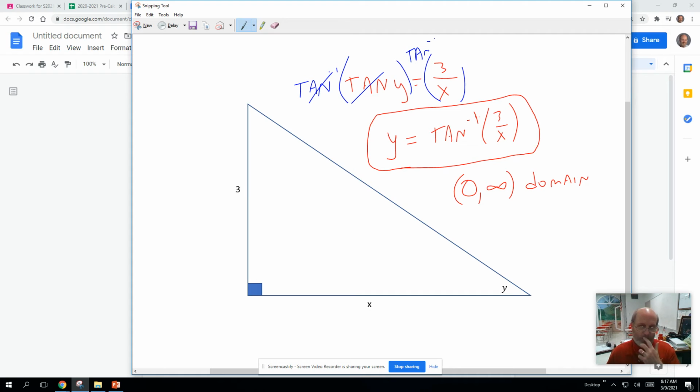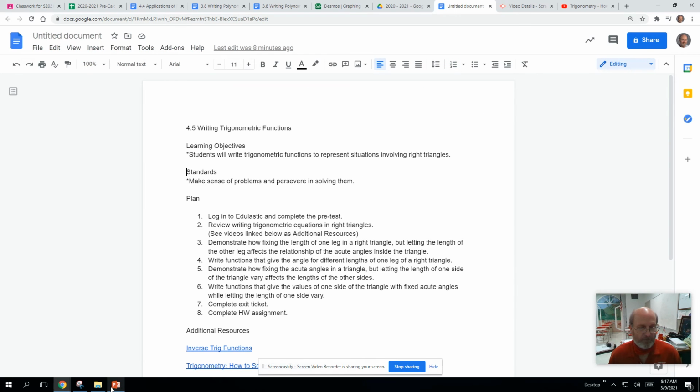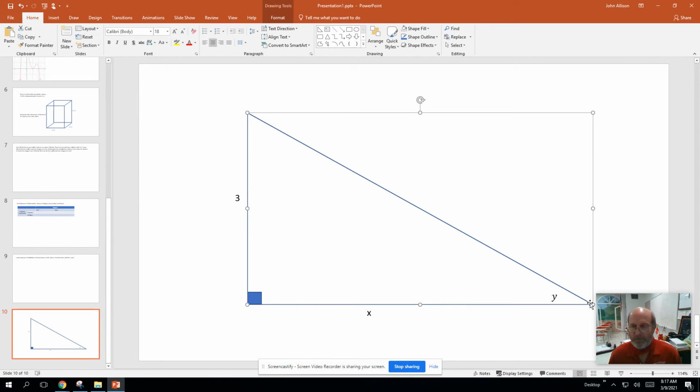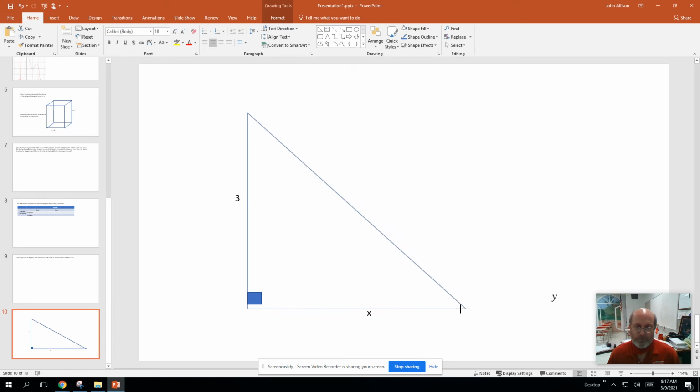And the range of this function: the y value is the angle, and as x gets larger and larger, this y gets smaller and smaller. If we could picture taking x out to infinity, then y would get closer and closer to 0. As we make x smaller and smaller, the y value gets closer and closer to 90, but can never reach 90, or we won't have a triangle.